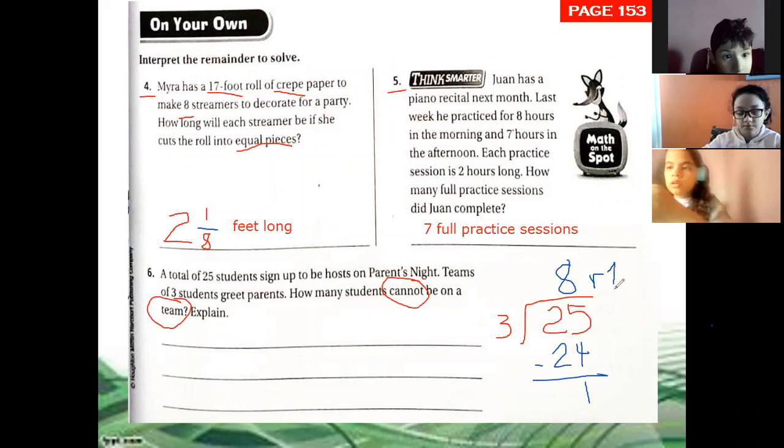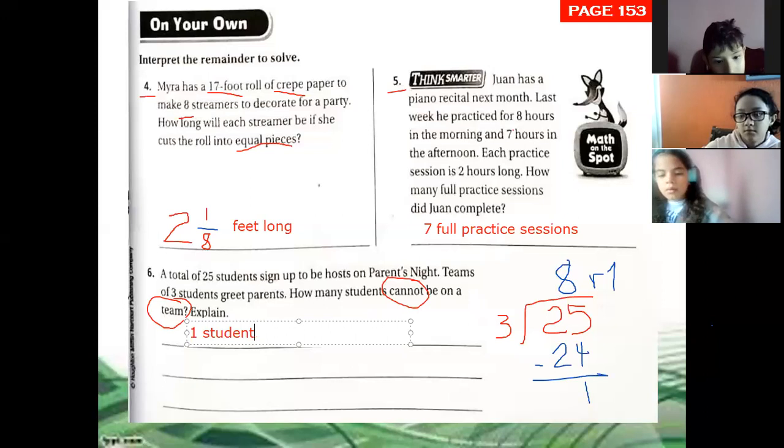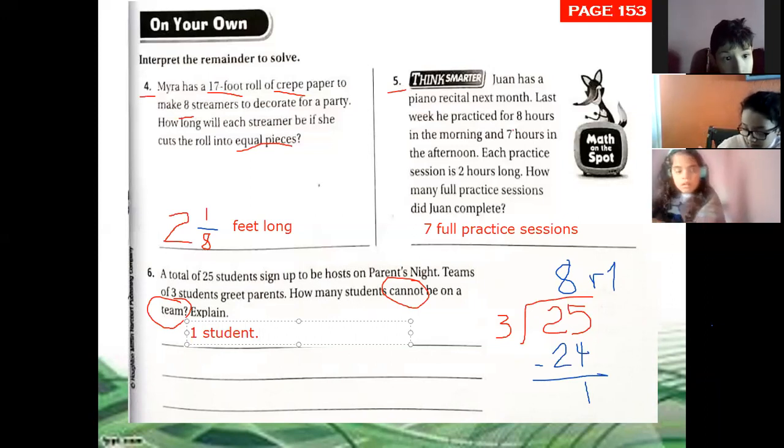Remainder, 1. So how many students cannot be on a team? 1 student. And it also says explain.